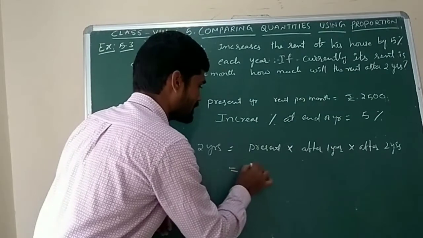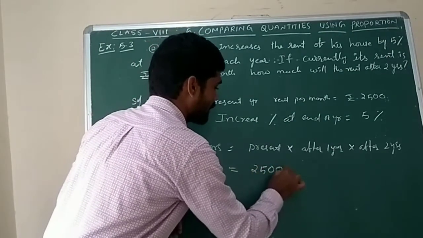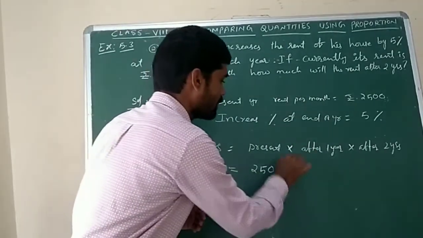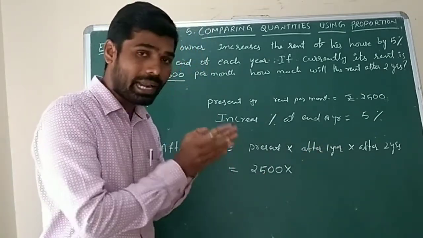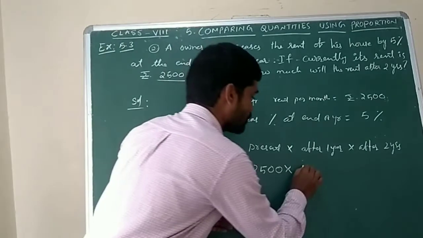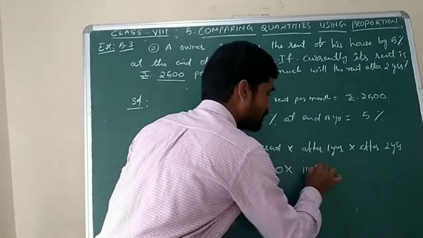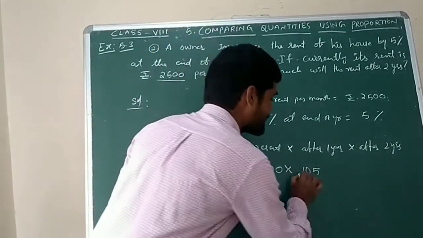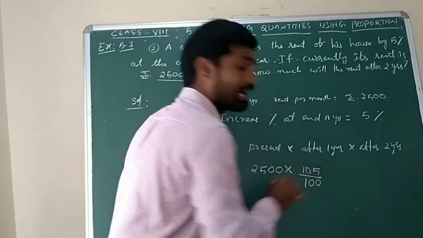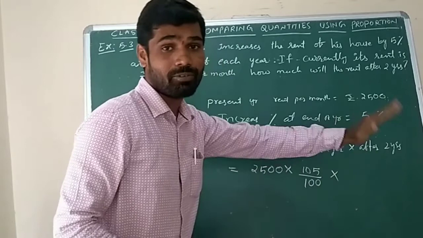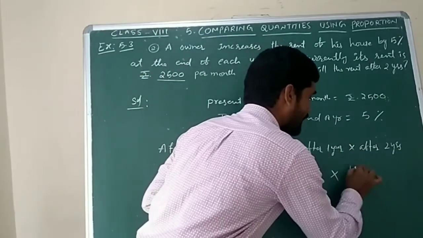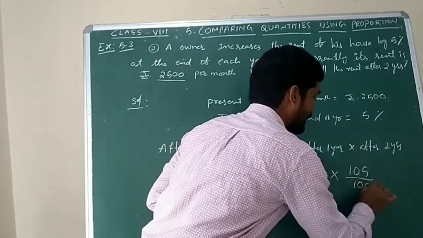So present is how much? 2,500 into, after 1 year, what is the percentage increase? 5%. So 100 plus 5 is equal to 105%, meaning for every 100, and again in the second year 5% is added. So 105 by 100.